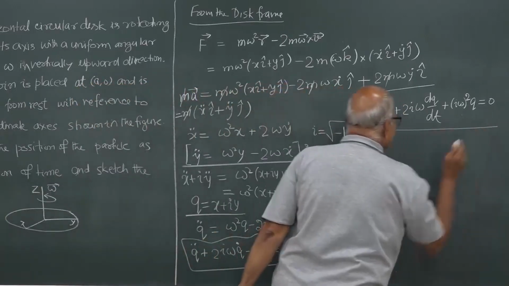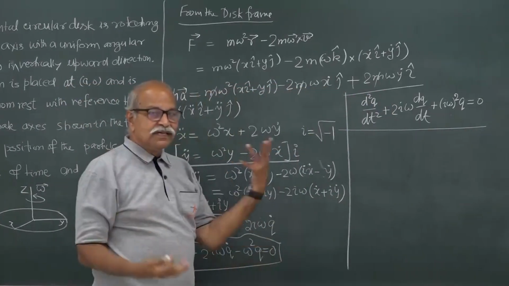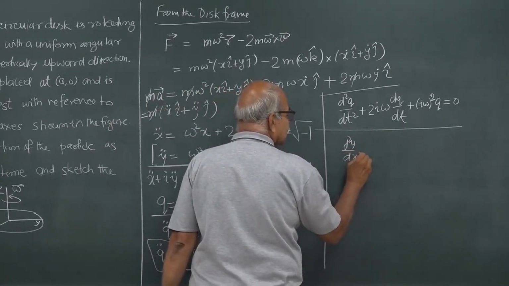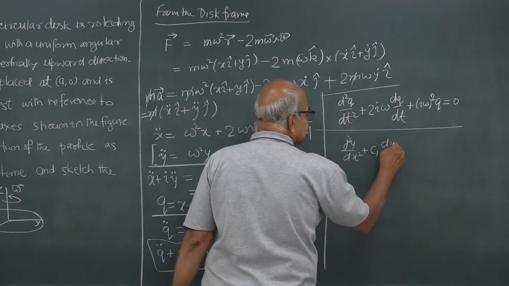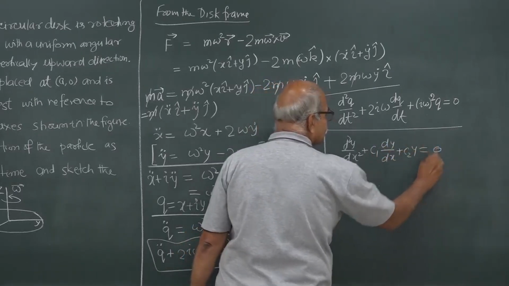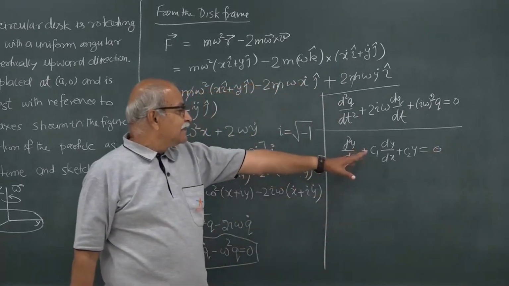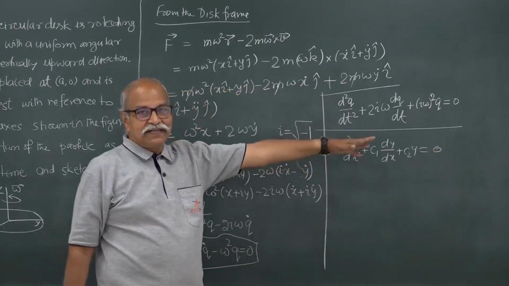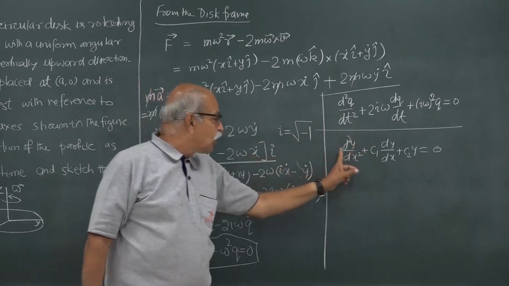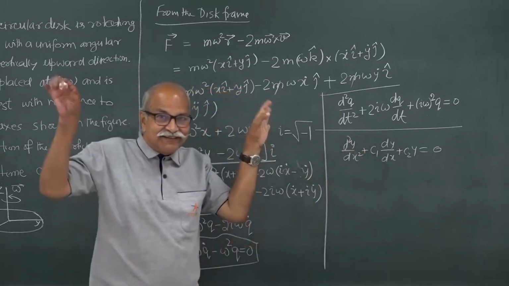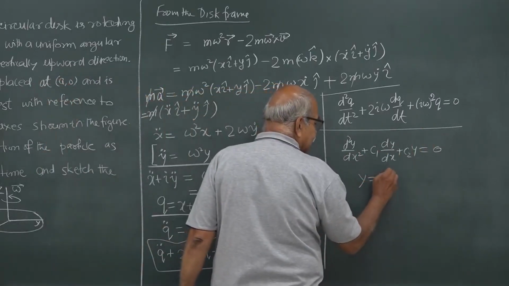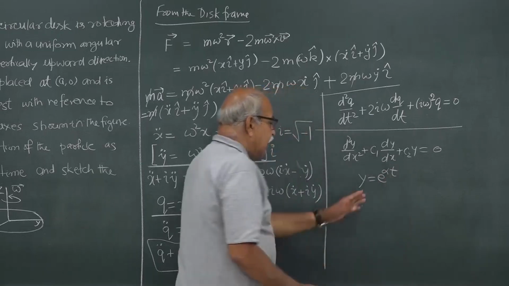In textbooks of differential equations, you will find d2y dx square plus c1 times dy dx plus c2 times y equal to 0. This is the standard statement of a second order differential equation with constant coefficients. That is the heading. And the rule is that you write y as e to the power alpha t and put it here.